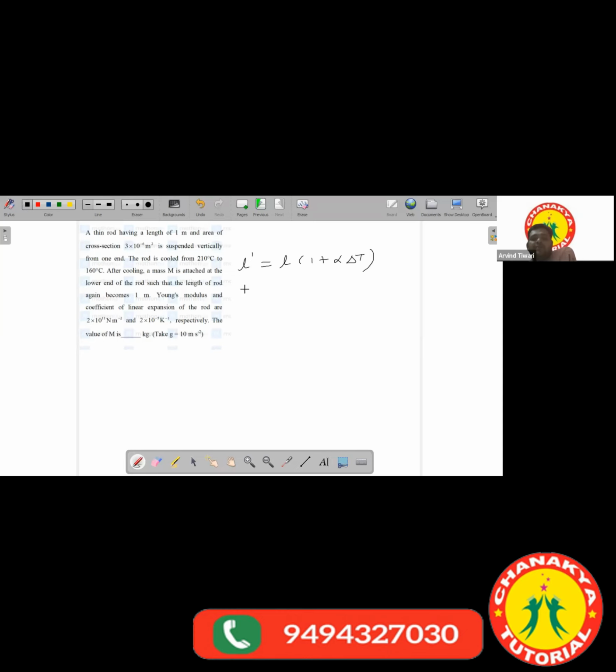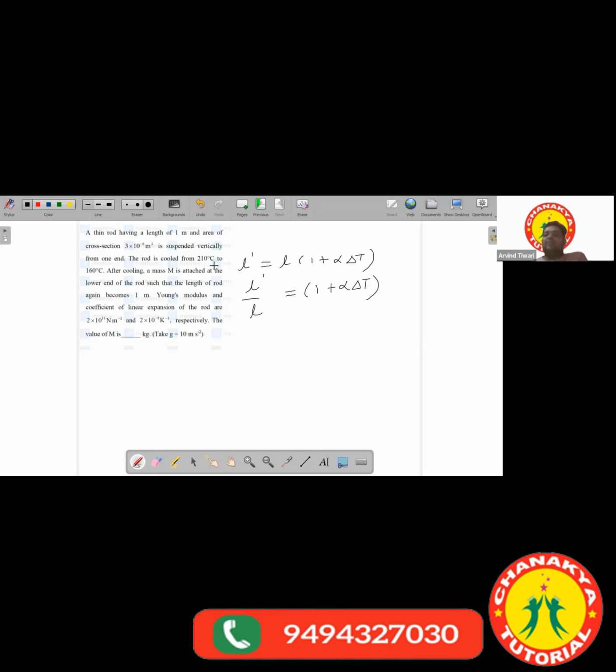So you have L dash by L is equal to 1 plus alpha times delta T. What is this value L dash by L? Can we call this the strain? Yes, this is the same as the strain that has been produced. So L dash by L is equal to 1 plus alpha times delta T.